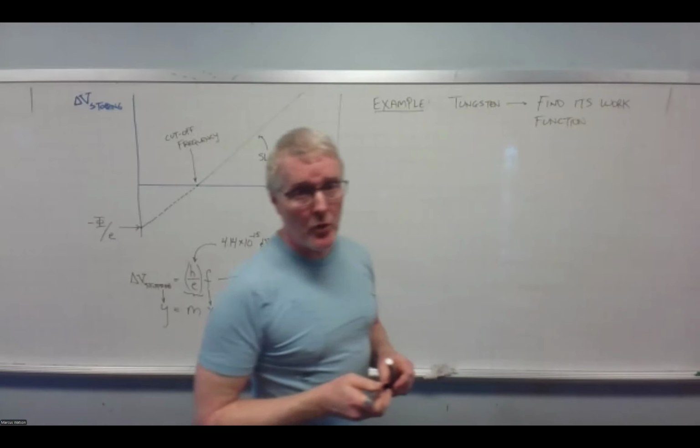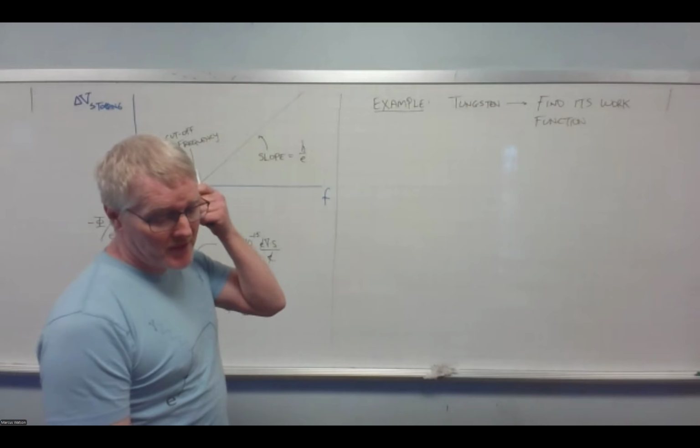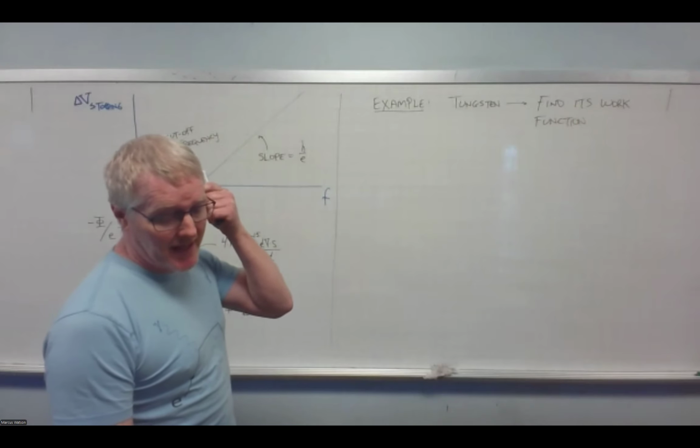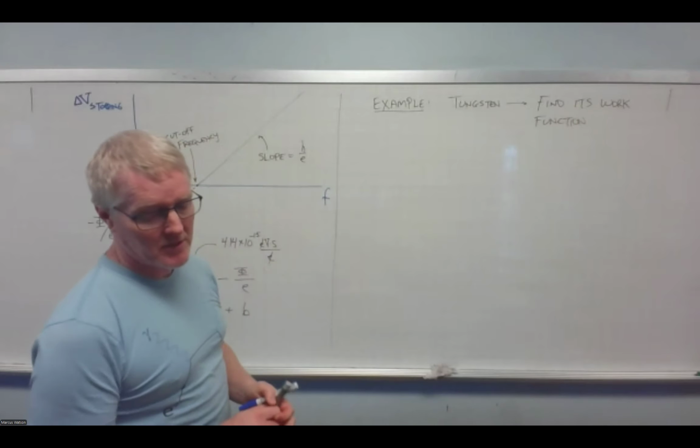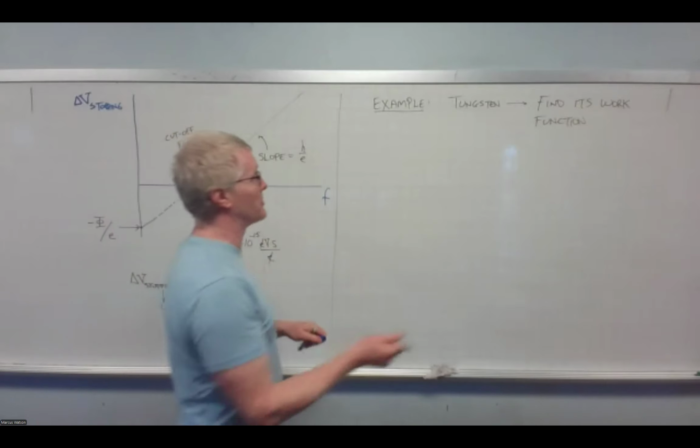Now, what do we know about this? Okay, well, let's suppose that we know a few things. Let's suppose that when I put in a 200 nanometer wavelength, that I measure a particular stopping potential.